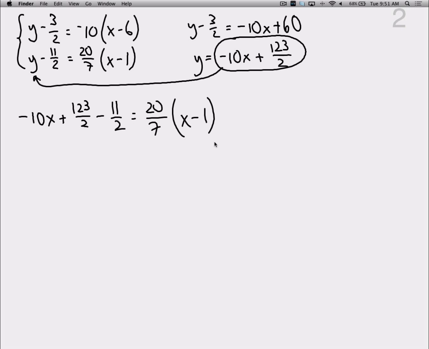Ew. How does one go about solving that? Get the variable inside. Well, you have to do a lot of simplifying. So, do you want me to actually do it, or do you want me to tell you how to do it? Either one. Alright, so 123 halves minus 11 halves would be 112 halves, which you can simplify down to 56.